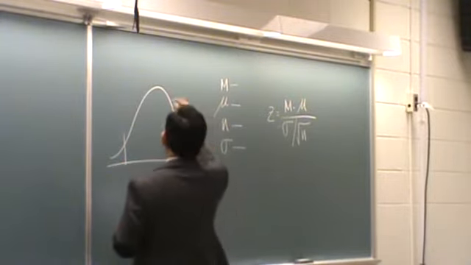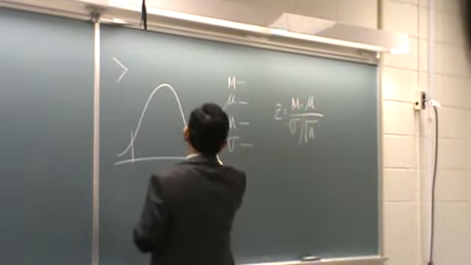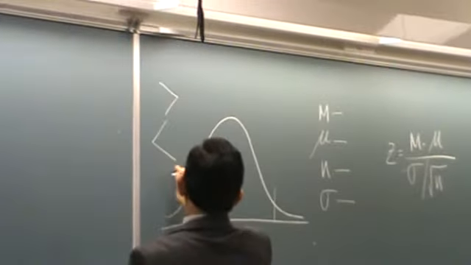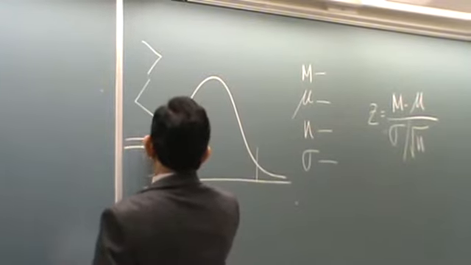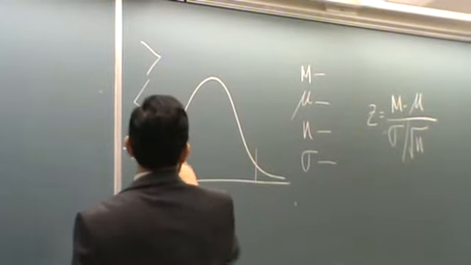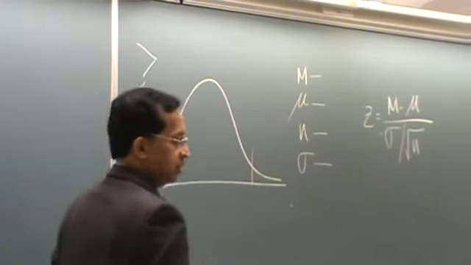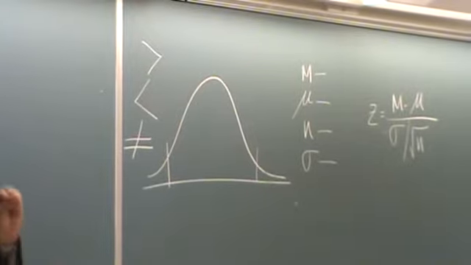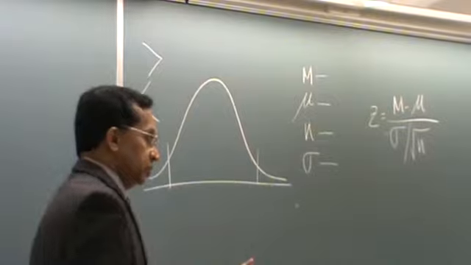If your alternate hypothesis has this sign, then you will be looking at the right tail. If your alternate hypothesis has this sign, then you will be looking at the left tail. If your alternate hypothesis has a not equal to sign, then you will be looking at both tails. So that's why I keep saying you need to write your alternate hypothesis first based on the information given to you.